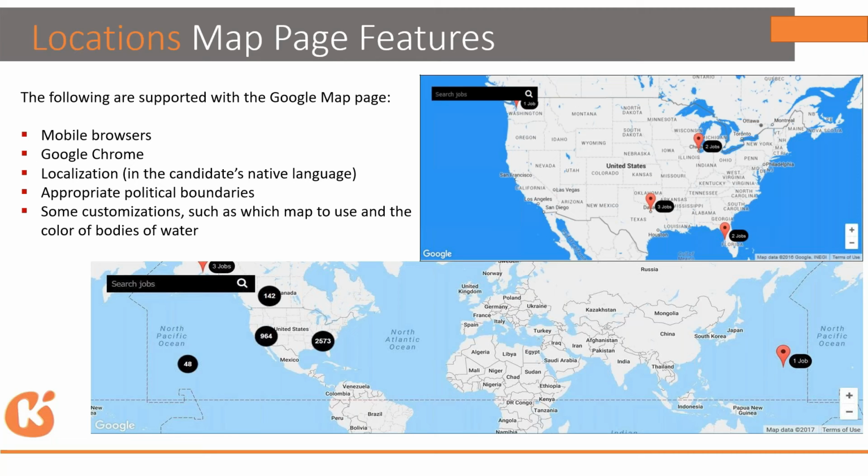This location map can be configured in two ways: one, you see a light color, and second, you see a dark color. These are the two designs given as standard by SuccessFactors. We can always customize this. That is possible.